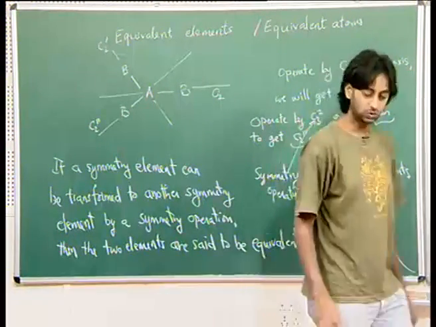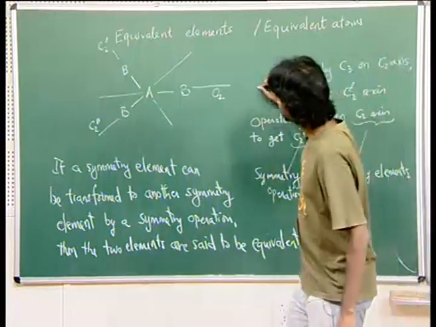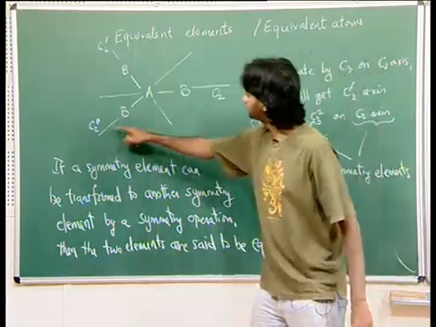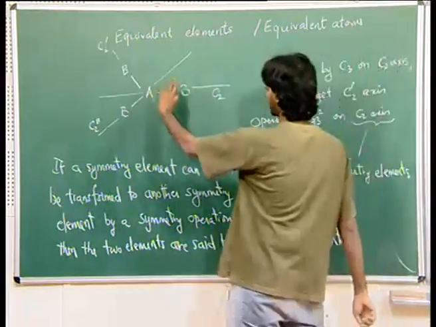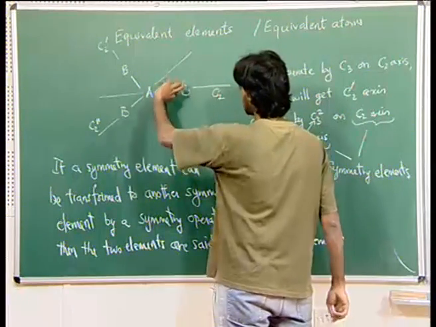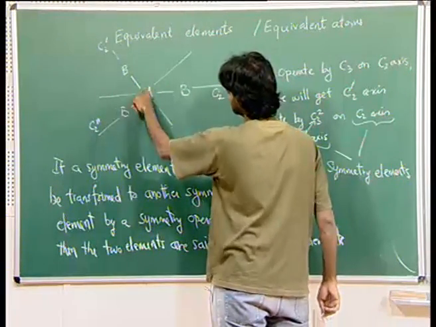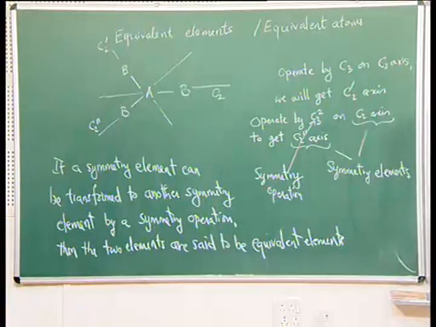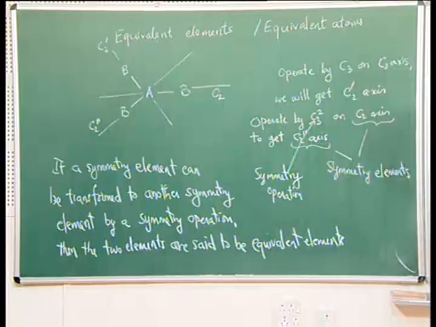Okay. So notice we are only talking about elements that are equivalent. So this C2 axis is equivalent to this C2 prime axis, as it is equivalent to this C2 double prime axis. The reason is that I can take this axis, operate by C3, which is also a symmetry element for this molecule, and I can get this C2 prime. So I can transform C2 to C2 prime using C3, and therefore C2 and C2 prime are said to be equivalent elements.